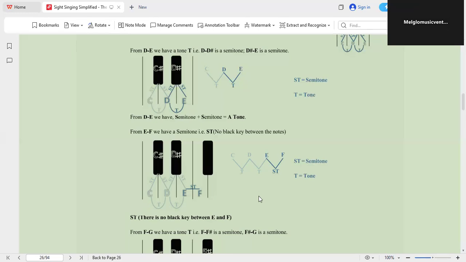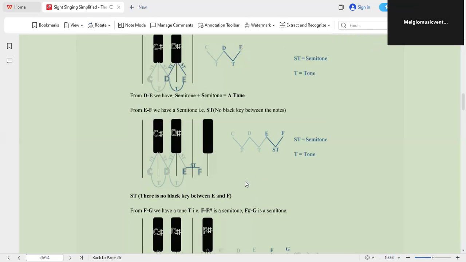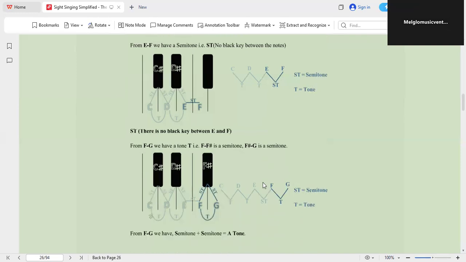So what we have next, after this, from our tone, tone, semitone, tone, tone, tone, semitone scale pattern is a tone, because we already have two tones and one semitone. So tone, tone, semitone. What we need next is a tone. So let's go from F now.